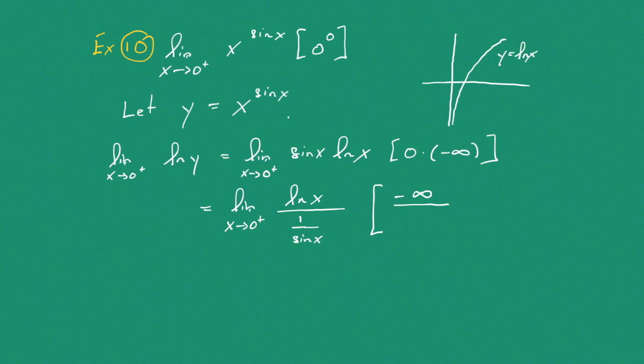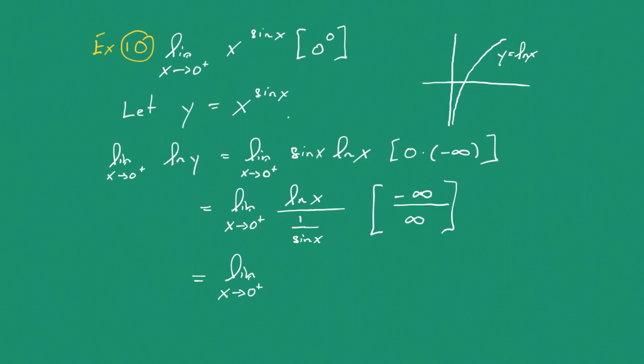So that denominator is tending to plus infinity. So this looks like type minus infinity over infinity. All right, so this is the sort of limit to which L'Hopital's rule applies. So it's the limit as x tends to 0 from the right. And what can we do?